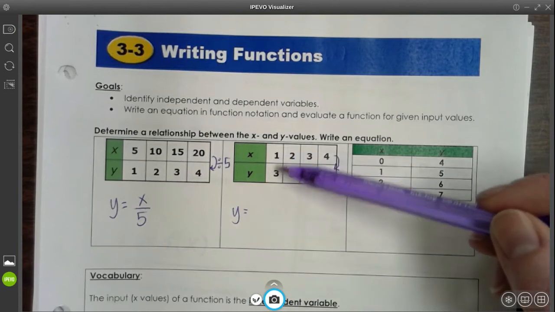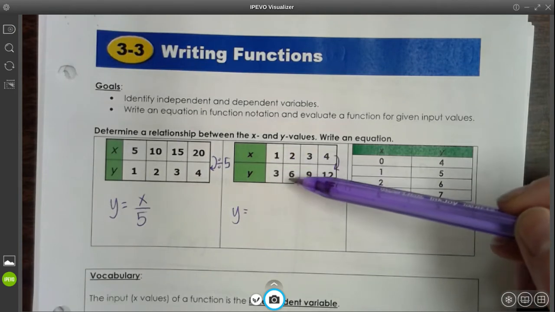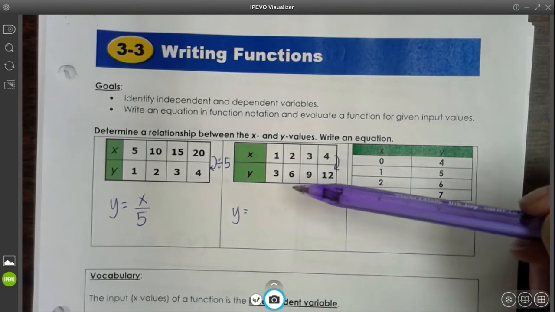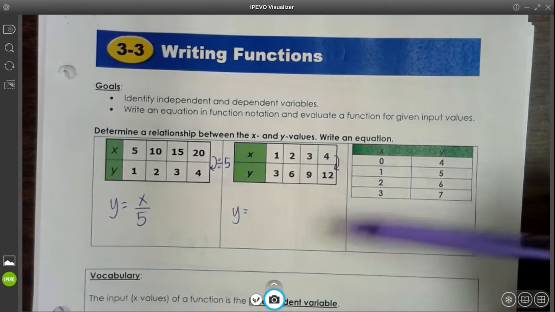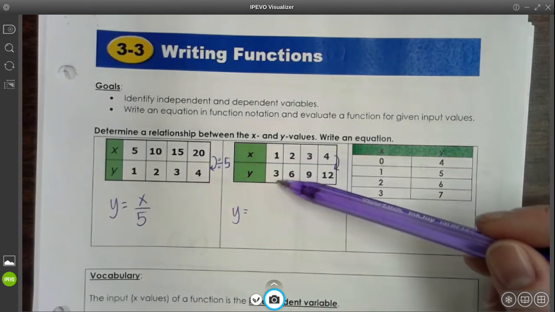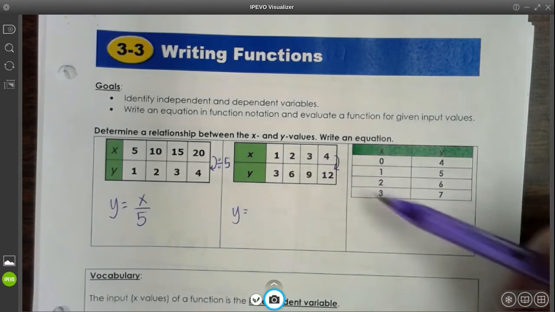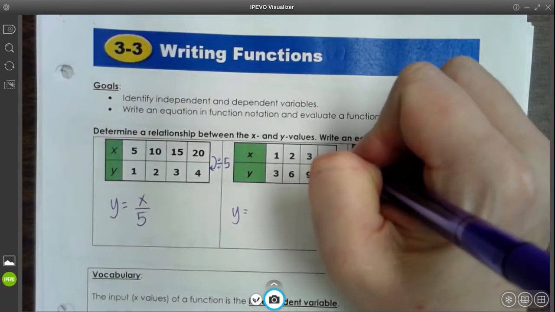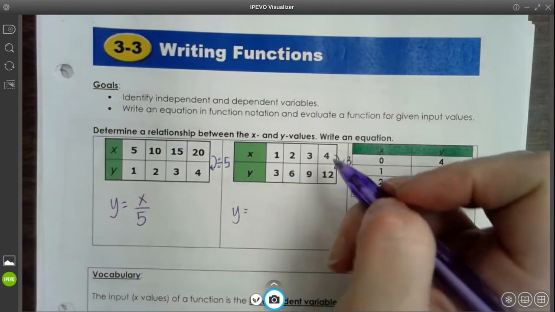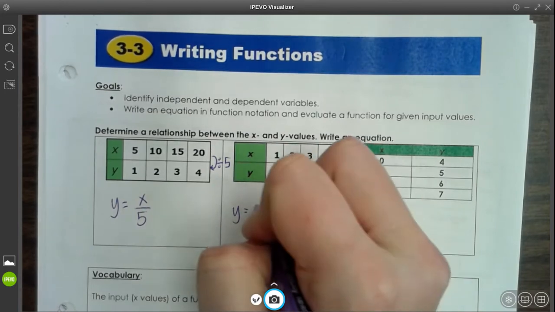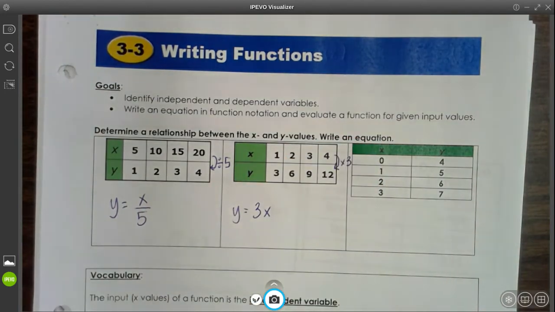So here I could add 2 to get to 3, but 2 plus 2 is not 6. So since it's not adding, let's try multiplying. 1 times 3 would be 3, 2 times 3 is 6, 3 times 3 is 9, and 4 times 3 is 12. So this is multiplication by 3. So all we're doing with the x values is multiplying by 3.